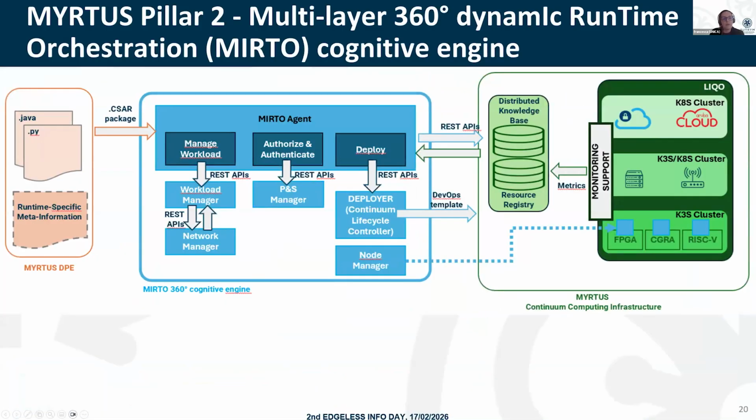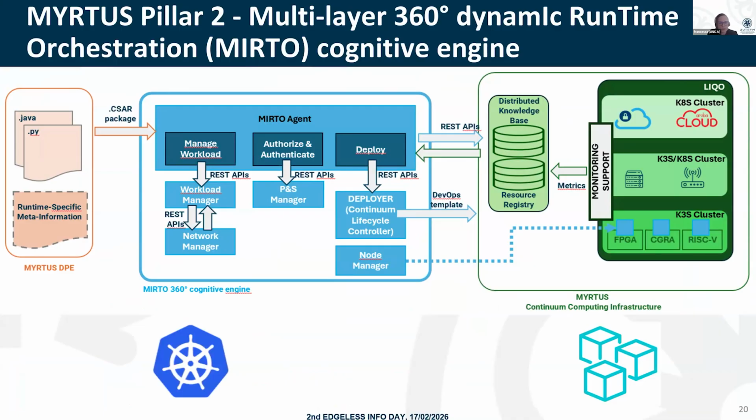To favor the uptake of our solution and allow the portability of MYRTO technologies, we are leveraging standard technologies that I already heard in the other presentations. For example, to orchestrate the deployment of the workloads, our deployer uses Kubernetes and LICO, and makes use of Docker images for container definition.